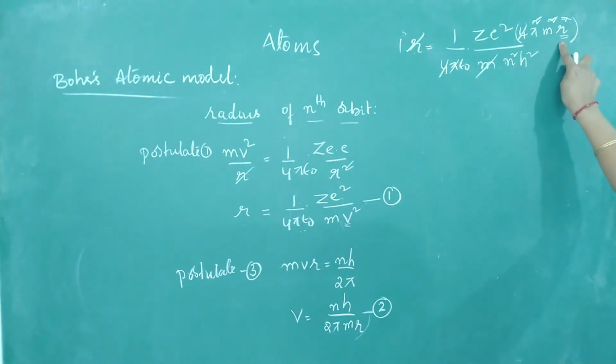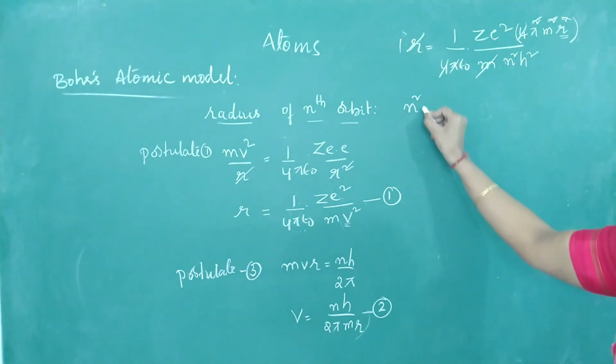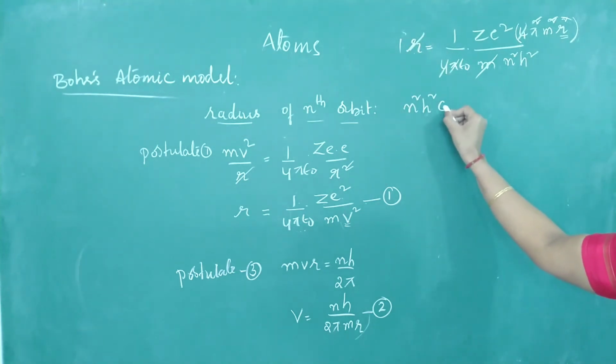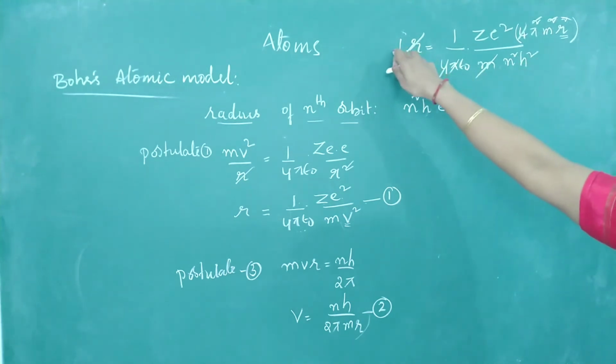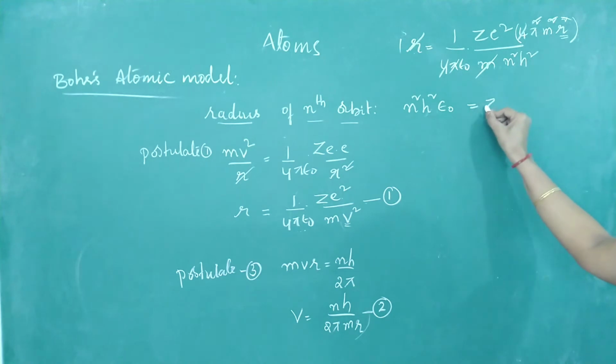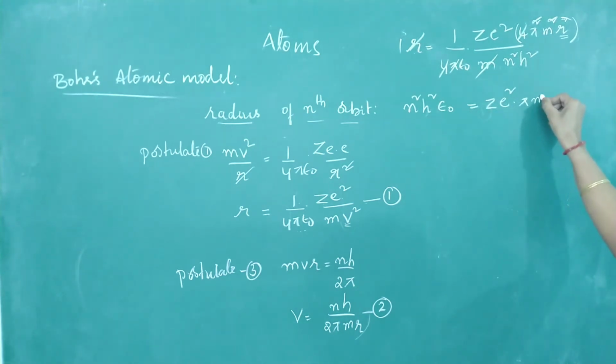Since we need the formula for r, bring all the terms to the left hand side. n square, h square, epsilon naught is equal to Ze square pi into m into r.